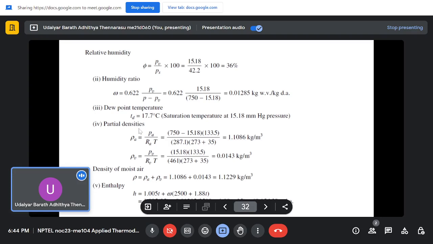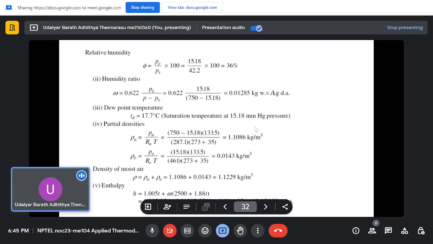Now we can find out partial densities. So density is P by RT. So we can find out density of air substituting pressure of air 750 minus 15.18 into conversion divided by R gas constant into temperature. So it will come out to be 1.1086 kg per meter cube.